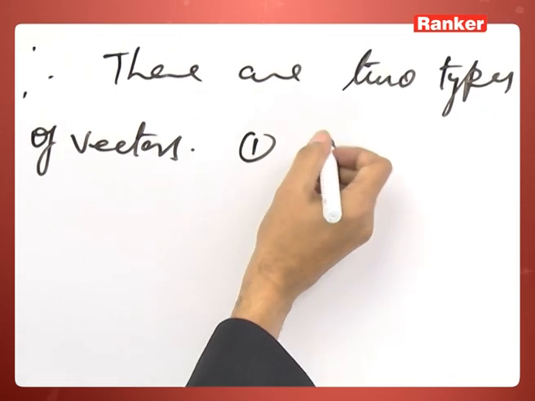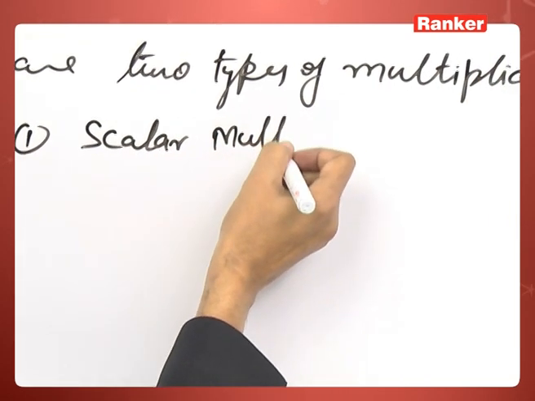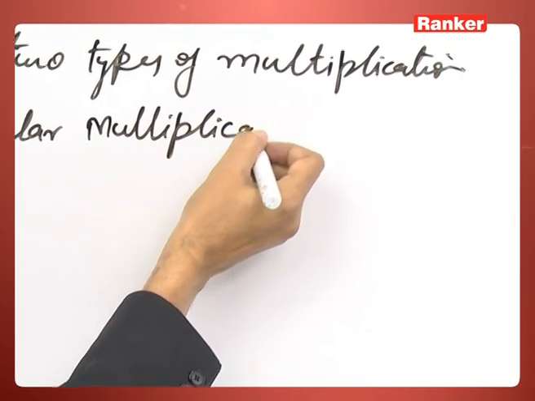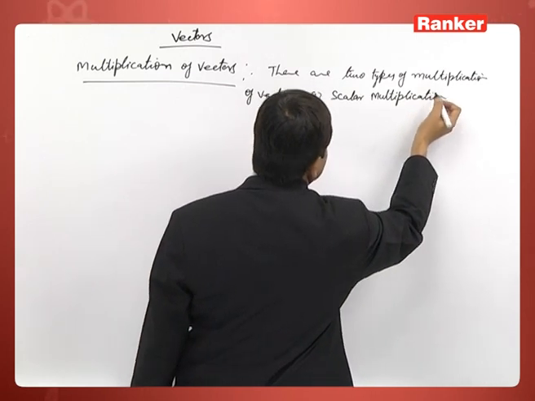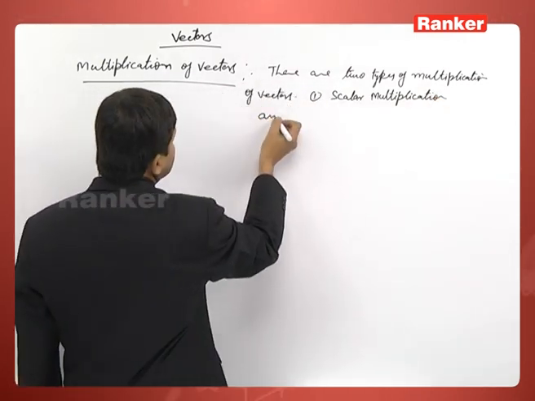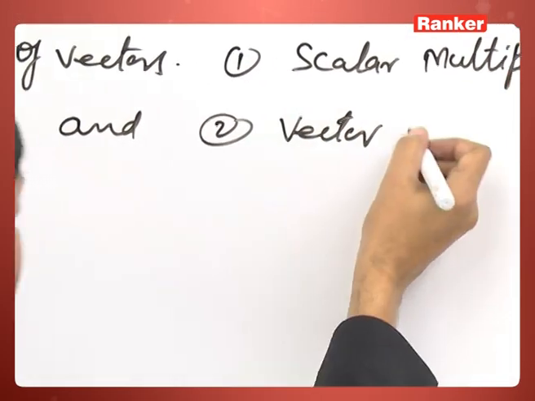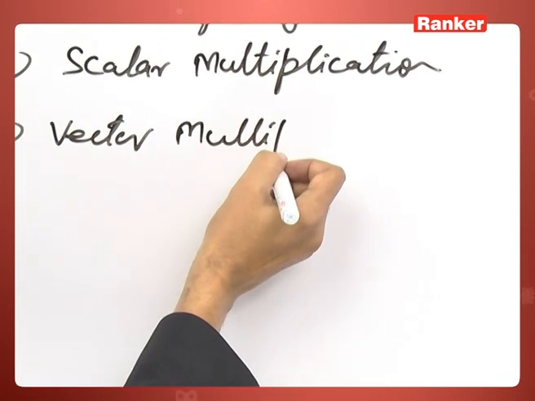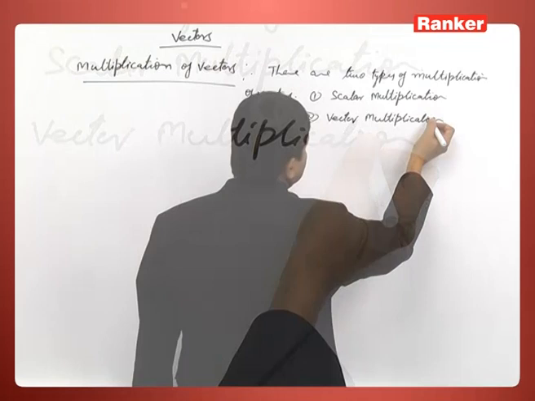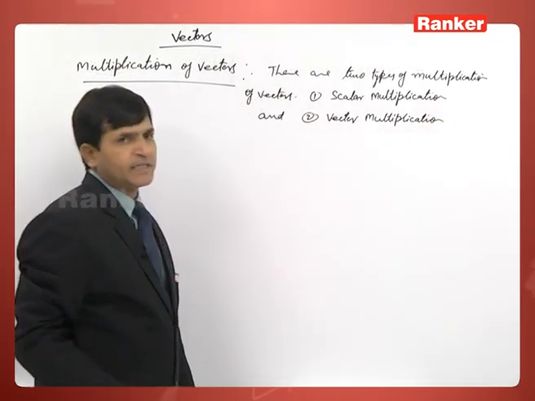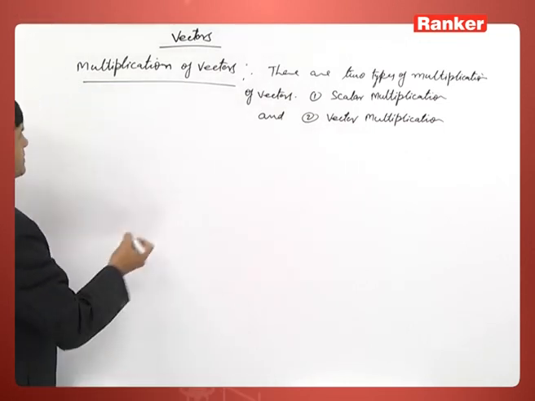One is called scalar multiplication, and another is called vector multiplication. So, see the meaning of these separately.